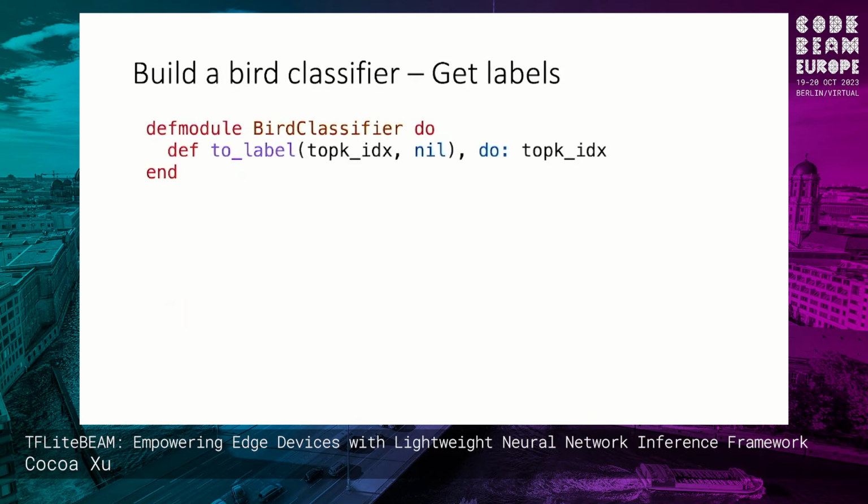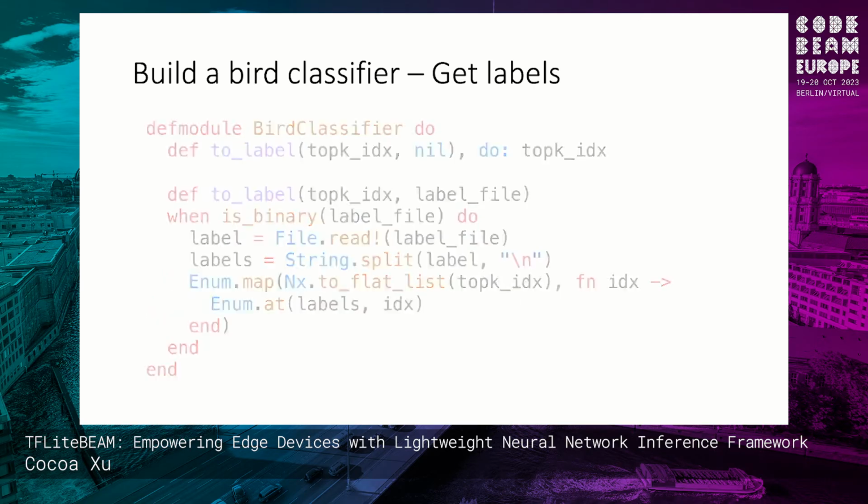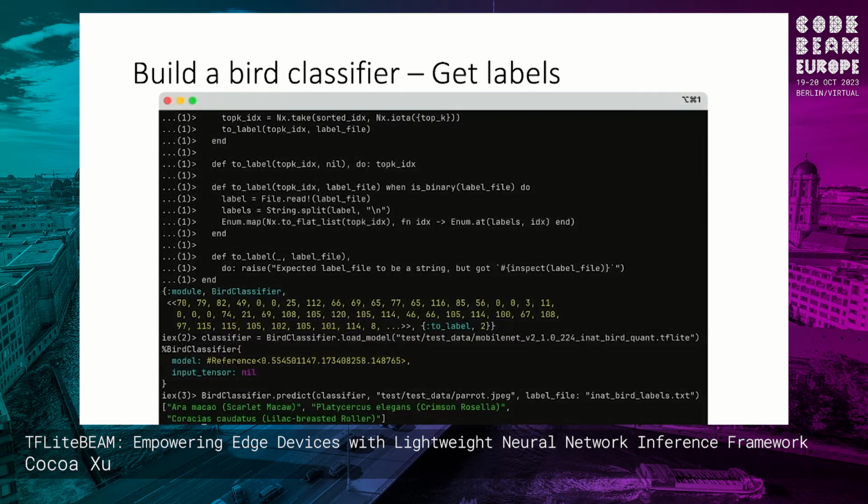If you don't have any label file, then we'll simply return the top k indices. Otherwise, we'll read the label file and map the label to each line. Basically, each line corresponds to a class. Now if you do this in IEx, you will see the output will be those 3 bird species. And the first one is actually the ground truth for this image.